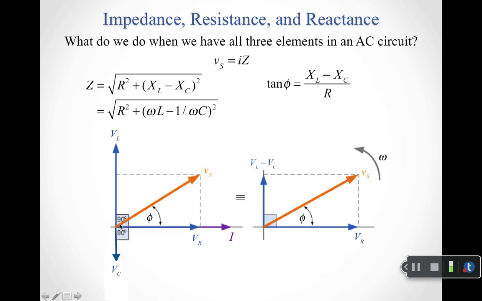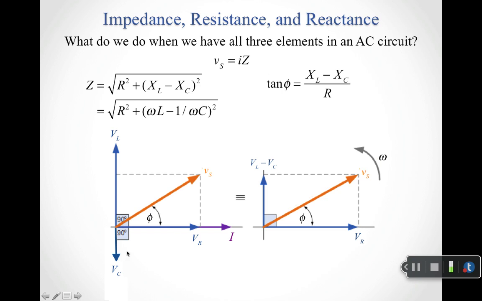Then we know that across an inductor, the voltage will lead the current. Across a capacitor, it's going to lag the current. And so we can calculate the impedance by thinking in terms of what's going on with these vectors.